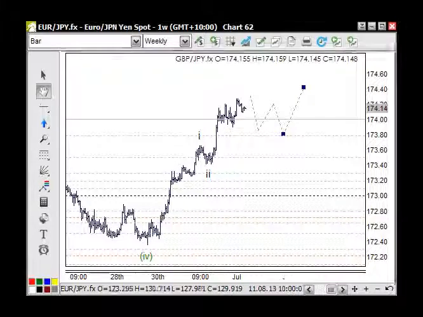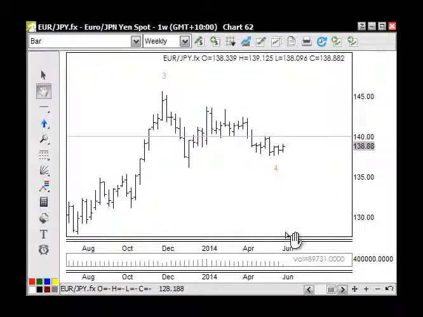The euro yen is much the same as the pound yen, but obviously in this case, this market is weaker. It's weaker in terms of pattern, in that this area through here is lower than this here, where the pound yen is way up here facing these old highs.